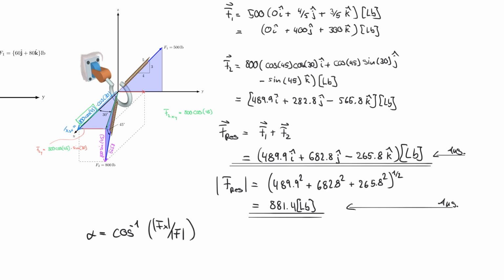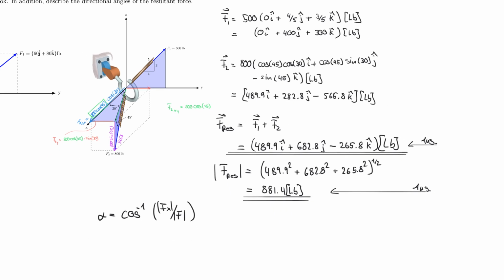So if I do that for alpha, I will find that the cosine inverse of 489.9 divided by 881.4, and that is really equal to 56.23. And if I do the same for beta, I will find that I end up with 39.22.